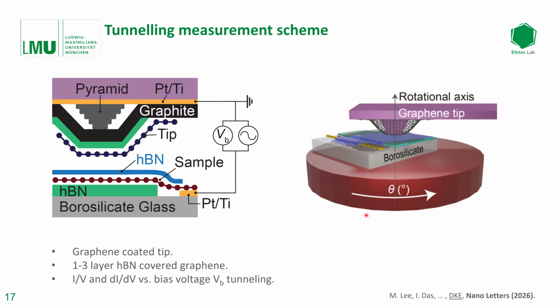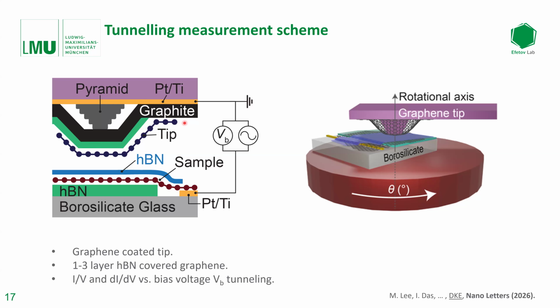Okay, so then just a little bit more detail of the measurement scheme. Again, this is the assembly, but what's important is also to know exactly what the van der Waals cross-section of the experiment is. Our tip is coated here with graphene, which is sitting typically on some cushion layer of HBN and graphite.